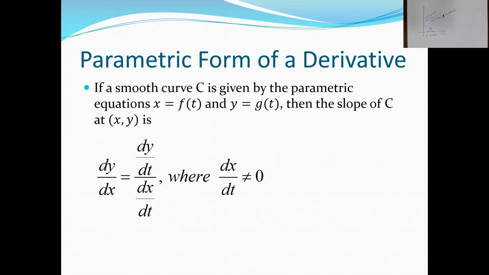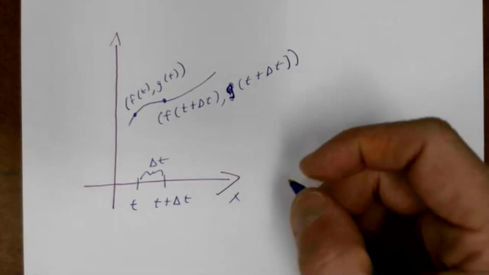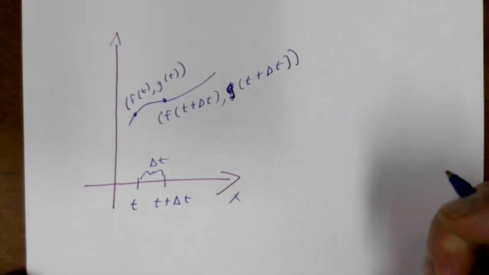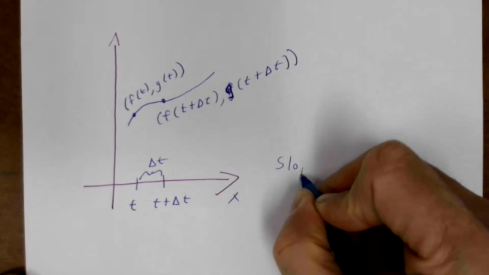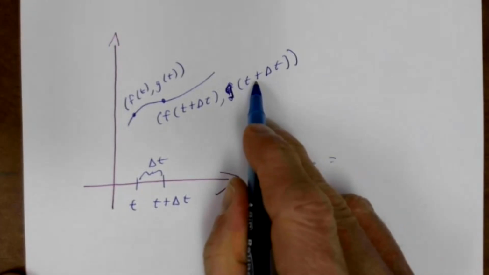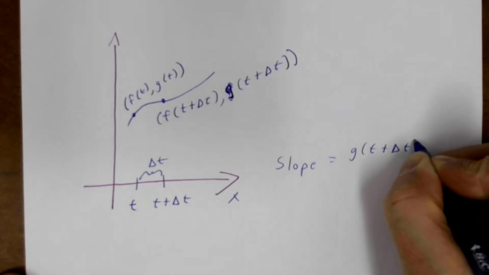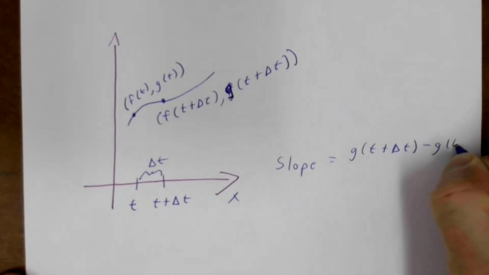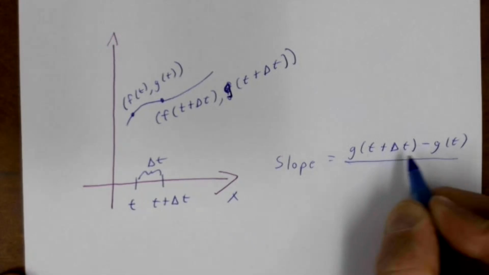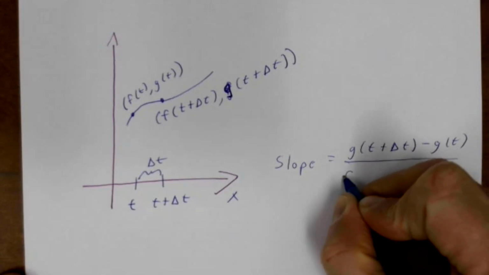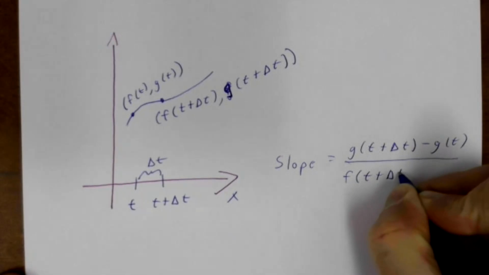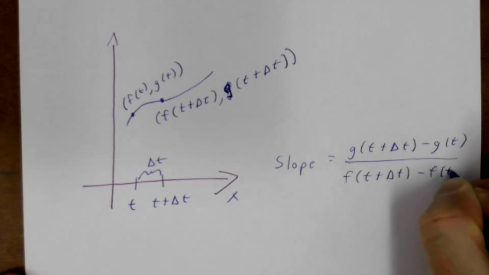My slope would basically be subtracting y coordinates. We would get g of t plus delta t minus g of t over f of t plus delta t minus f of t.